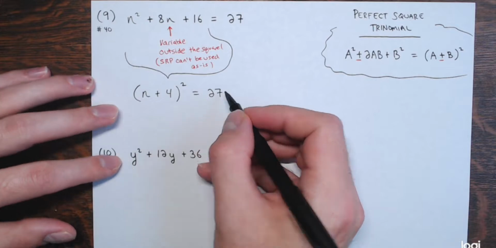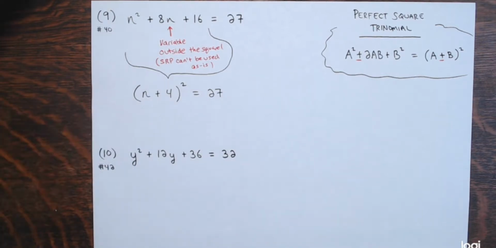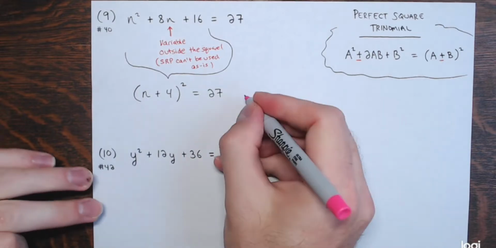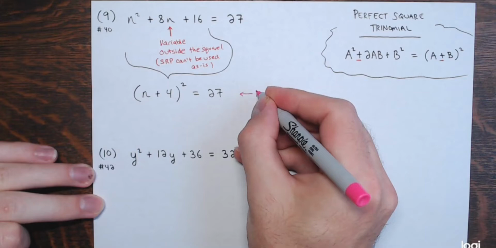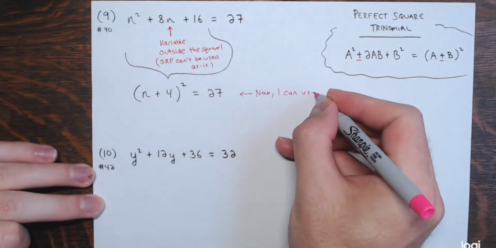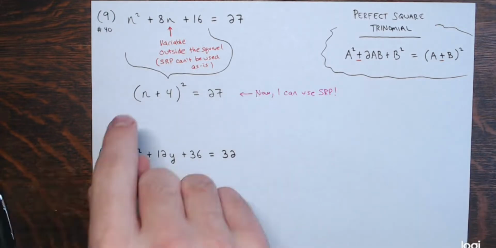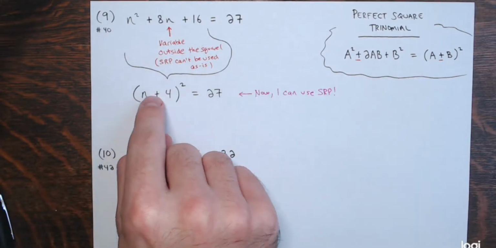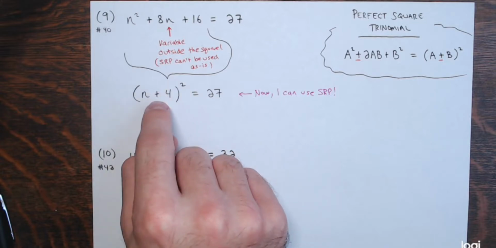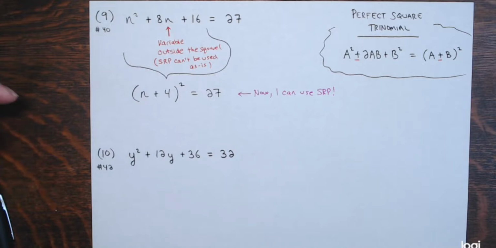So now the equation looks like this, and this is where I can use the square root property. Oh, this again, right? SRP. Because there's now just a variable in a square, this n plus 4, and no n outside the square. And the square is all by itself.